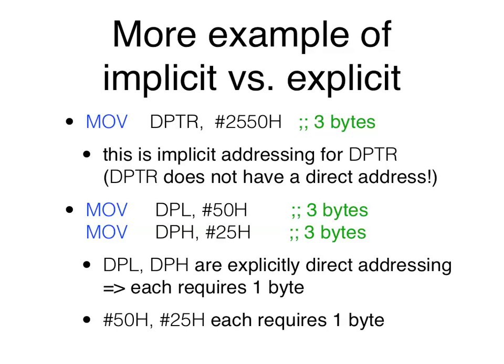But anyway, you can achieve the same effect using 2 separate move instructions. So you can do MOV DPL, the 50 hex, and then MOV DPH, the 25 hex, right? In this case, the DPL and DPH are explicitly addressed. But the difference now is 3 bytes, because the top one occupies 3 bytes and the bottom 2 instructions take 3 bytes each.